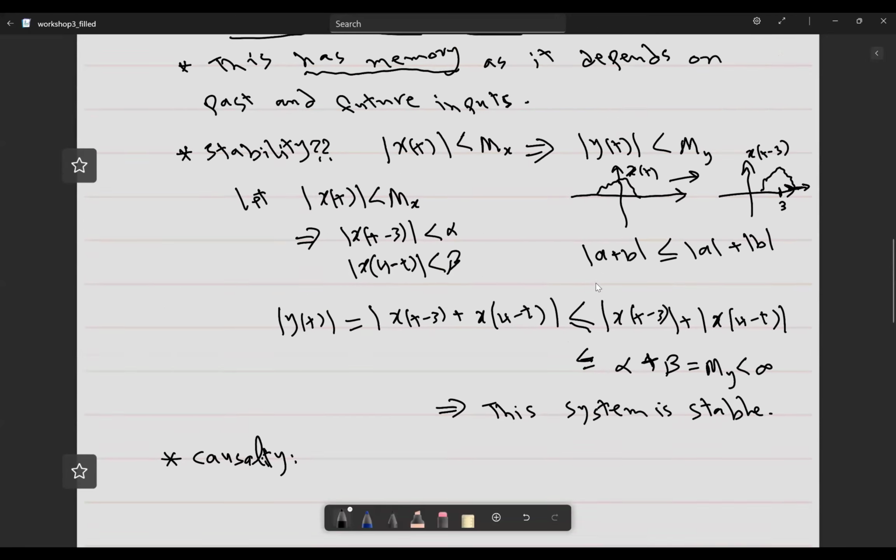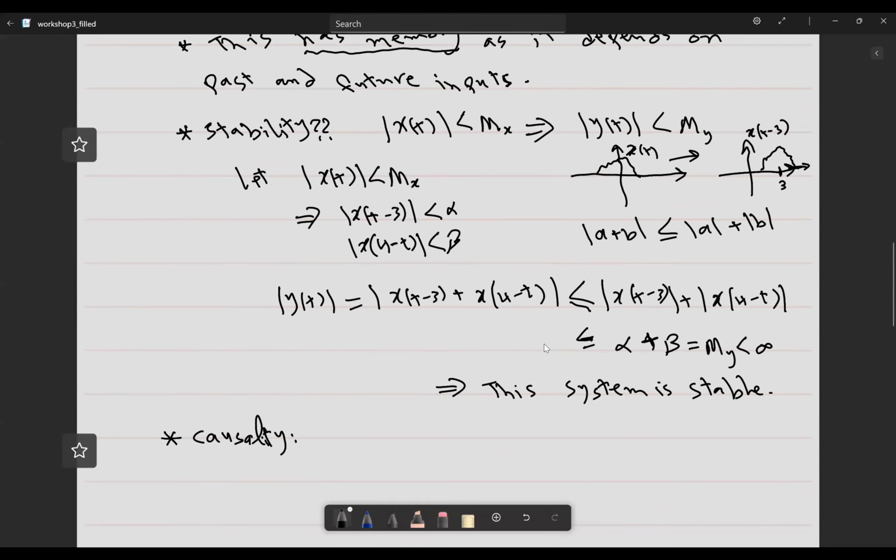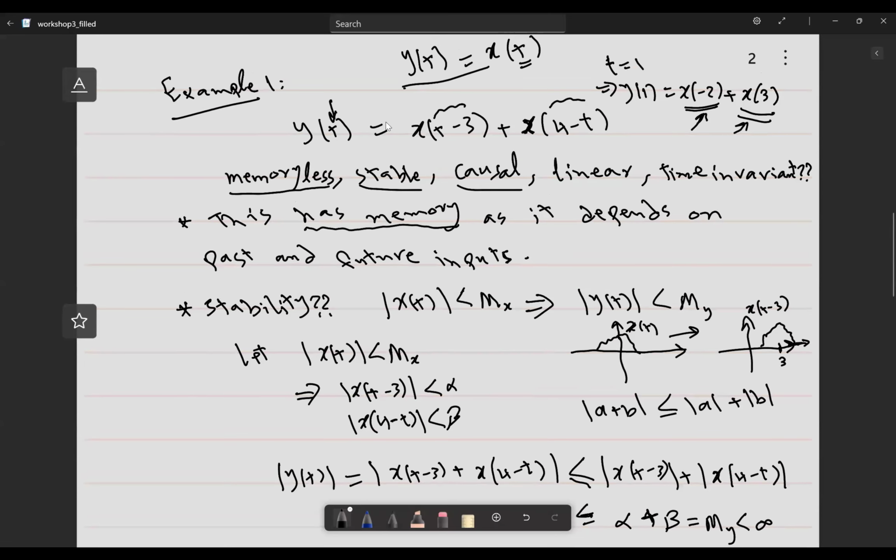From the definition, a causal system depends only on the past, not the future. And if we look at the output of the system, we can see that it depends on the future from this term.